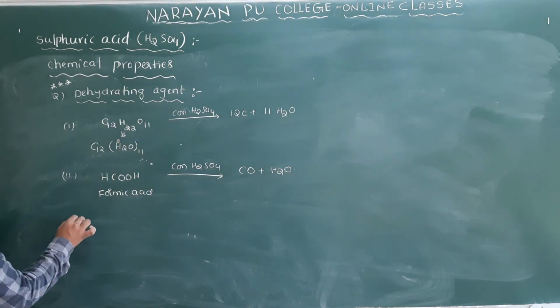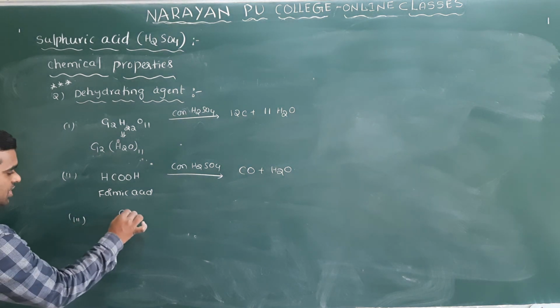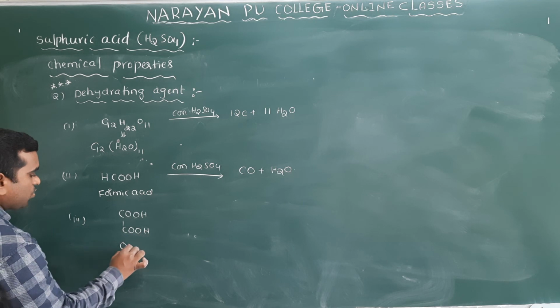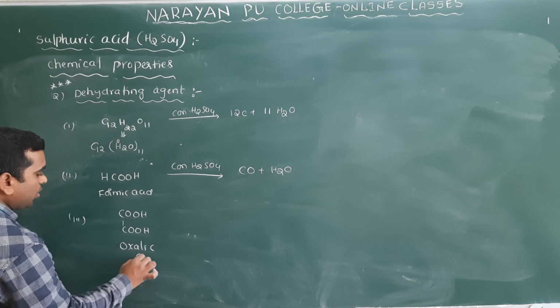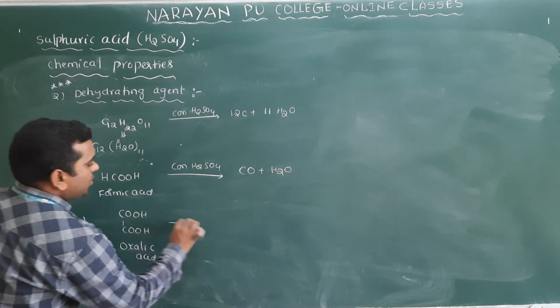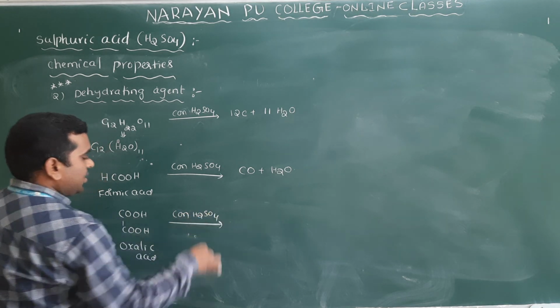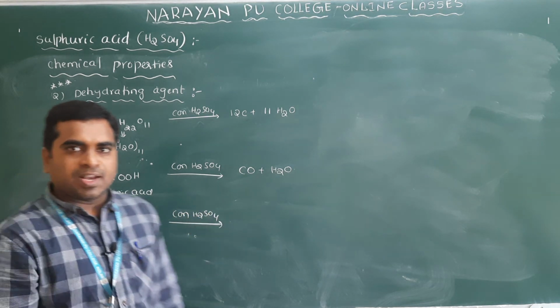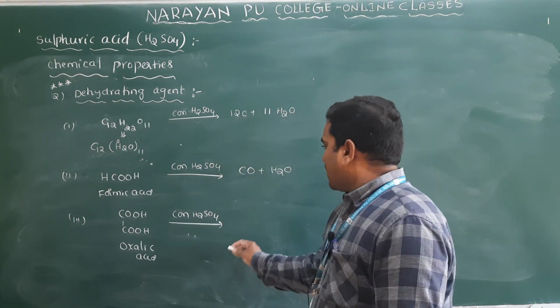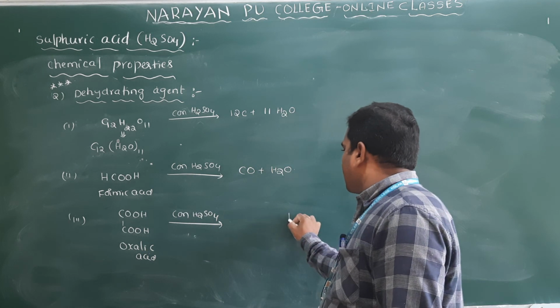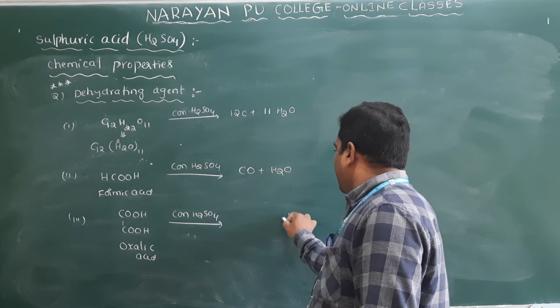And next, if you take oxalic acid, what is the oxalic acid formula? COOH and COOH. We call this oxalic acid. If you treat oxalic acid with concentrated H2SO4, clear? Then what happens? First I remove the water molecule. What is the water molecule here?